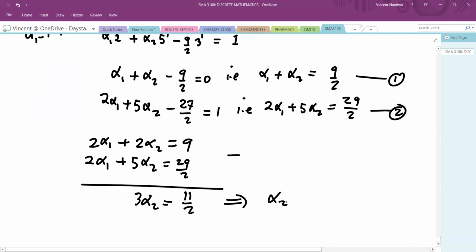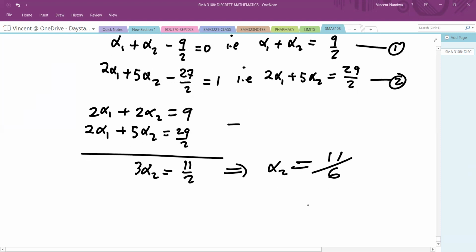Then to get alpha 2, I divide 11 over 2 by 3. That will give me 11 over 6. So alpha 2 is going to be 11 over 6. So from equation 1, alpha 1 is the same as 9 over 2 minus alpha 2, which is now 11 over 6.